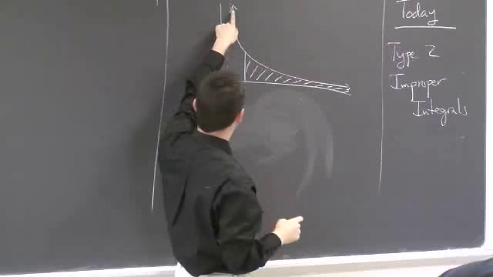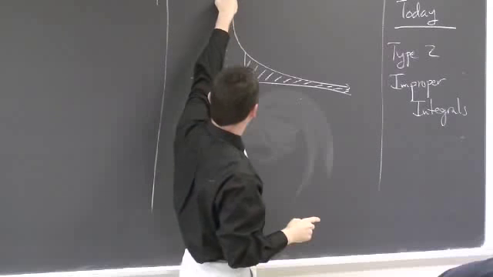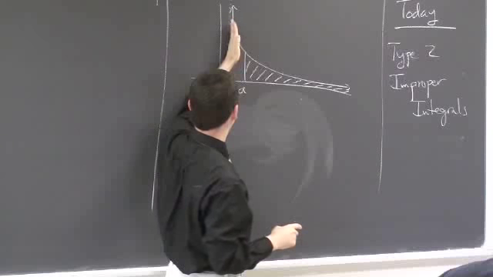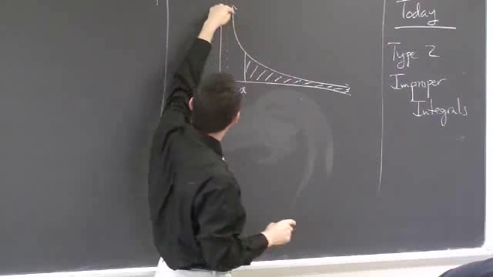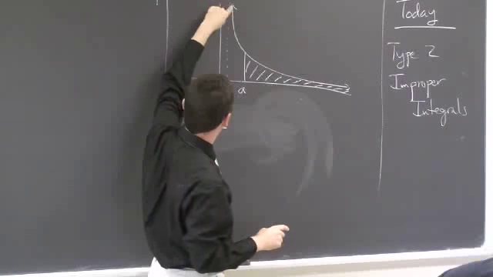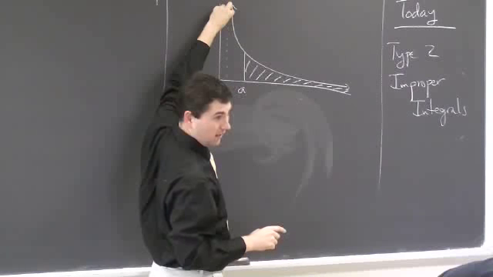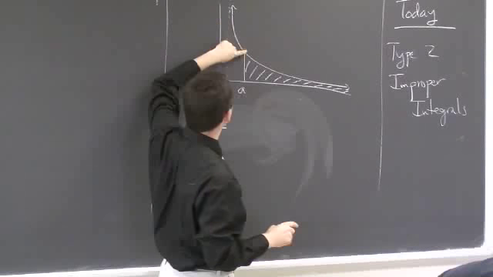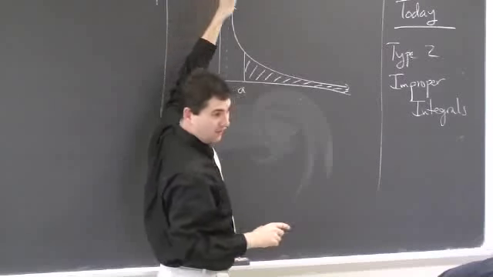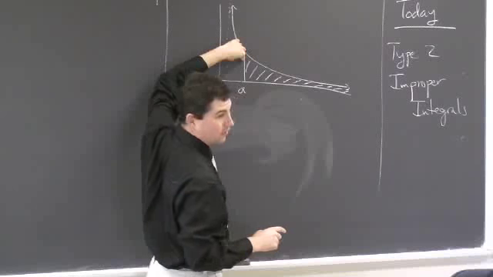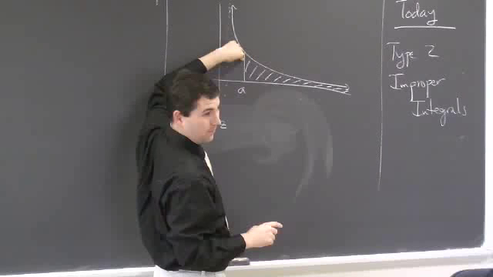Now, this never actually gets to the asymptote. So as you get closer, you're still getting more and more area. But because the graph is getting closer to this line, you're getting less area as you get closer. And so you can ask again, it's the same thing. Is it getting close enough to z fast enough that the amount of area you get as you get closer to z converges to some finite value?